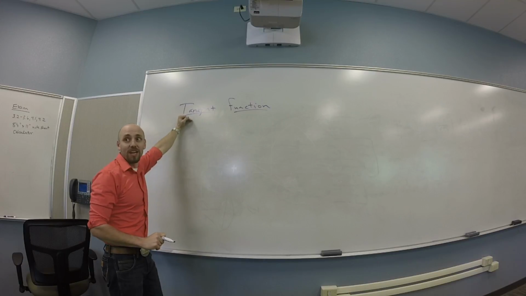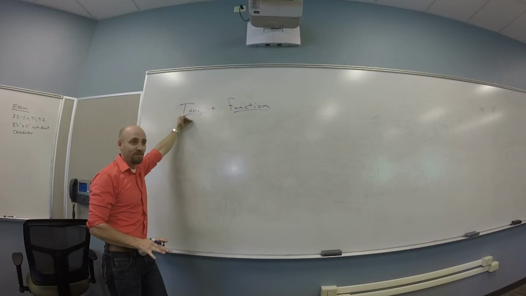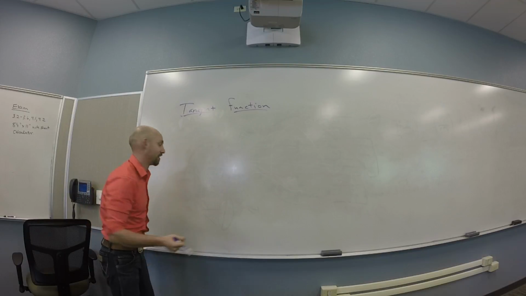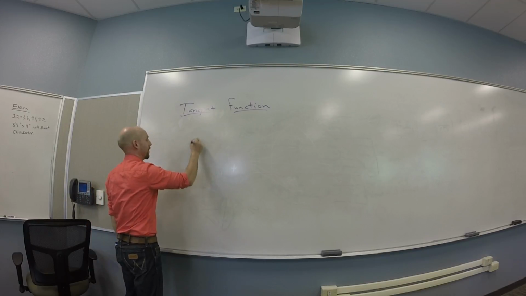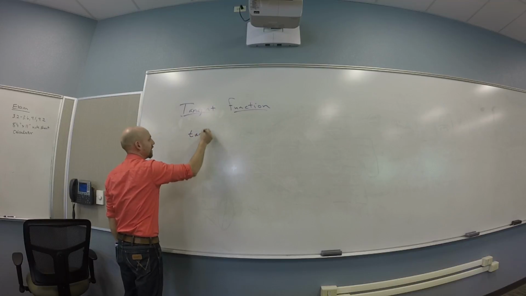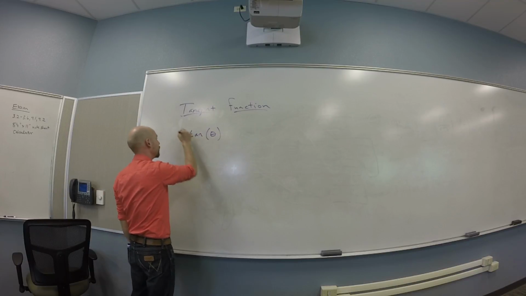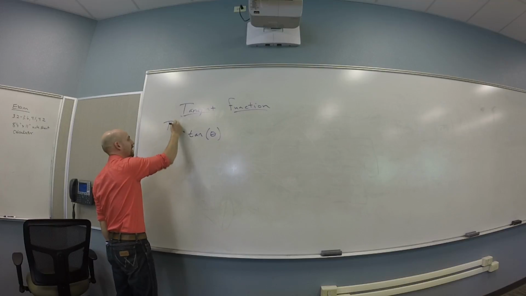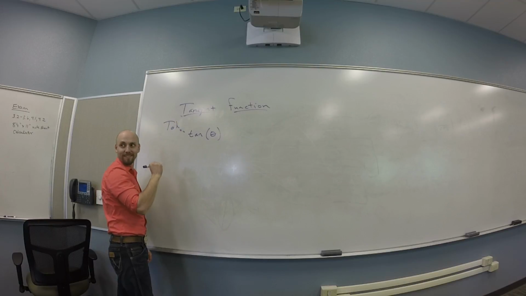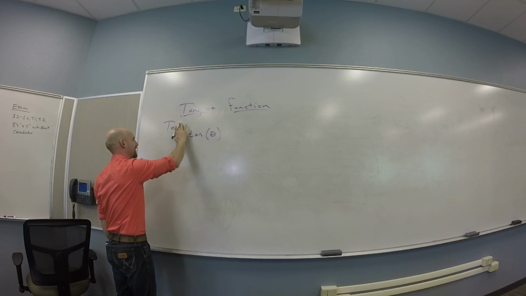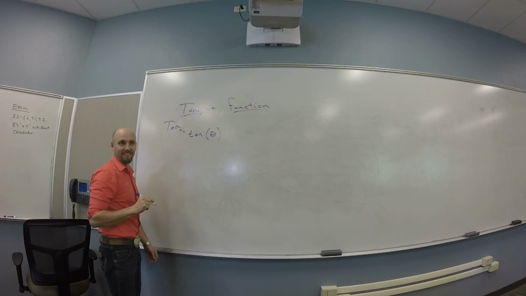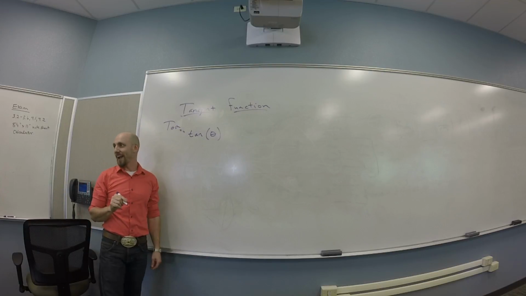I just need you guys to remember a couple things about the tangent function. The tangent of an angle theta, you should be thinking TOA. I always think TOA. TOA is spelled T-O-A.